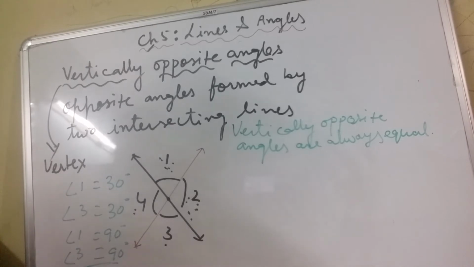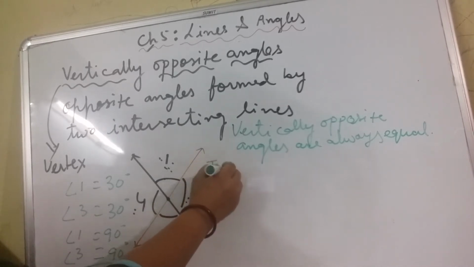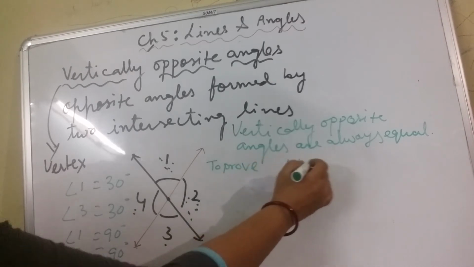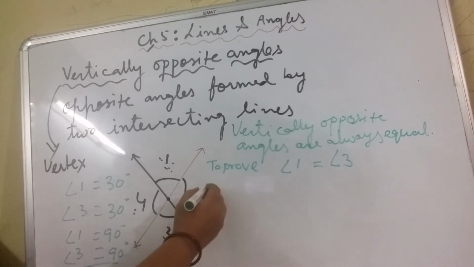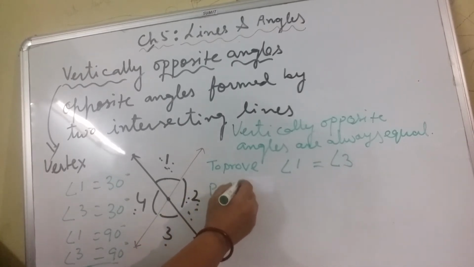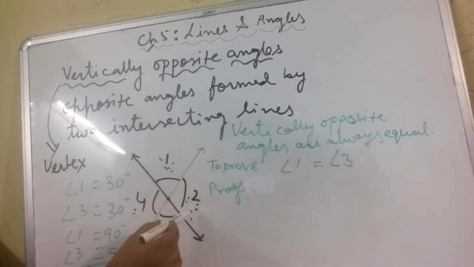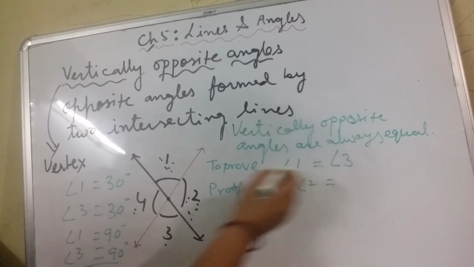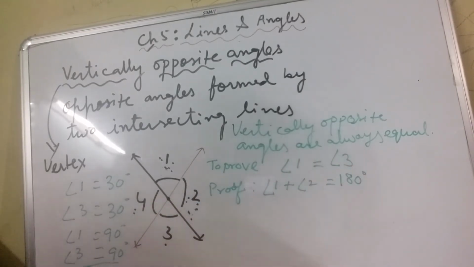Now, why are vertically opposite angles equal? That means we have to prove angle 1 equals angle 3. You can see angle 1 plus angle 2 are a linear pair, so they are 180 degrees.